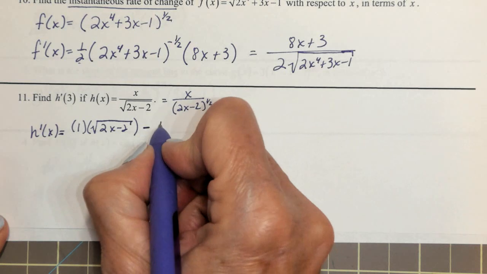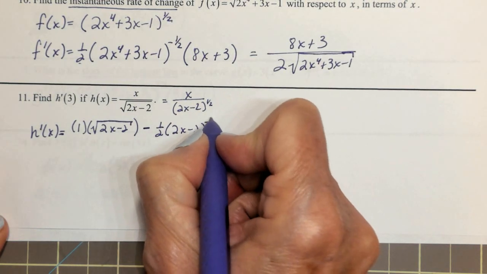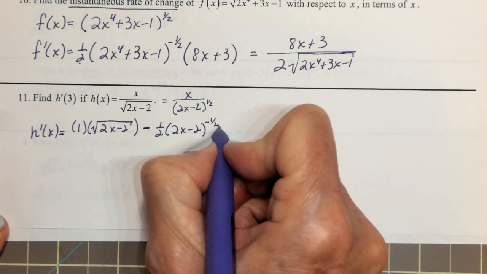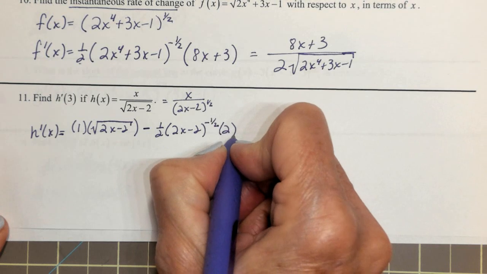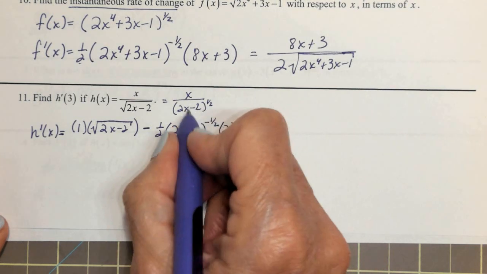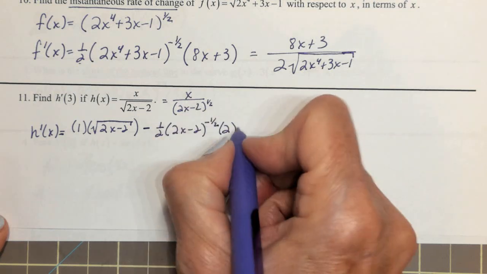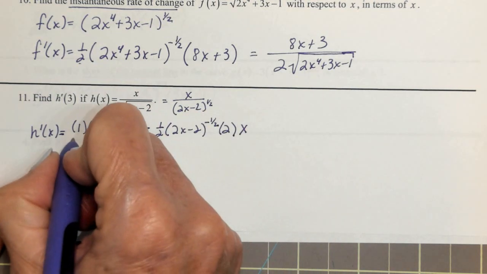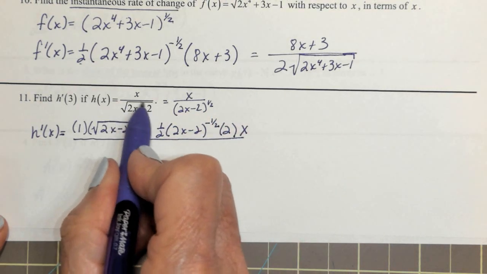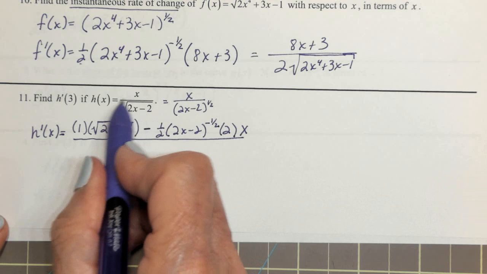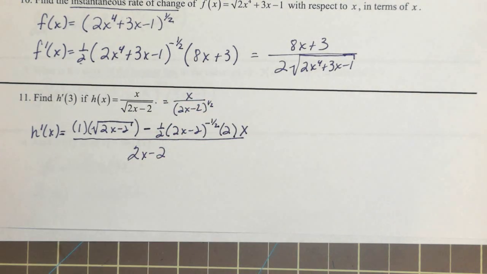So 1/2 2x minus 2 to the negative 1/2 times the derivative of the inside, which is a 2. That's the derivative of this denominator. Now I multiply that by the x left alone. All divided by the denominator left alone but squared. And when we square the square root, we just get 2x minus 2.